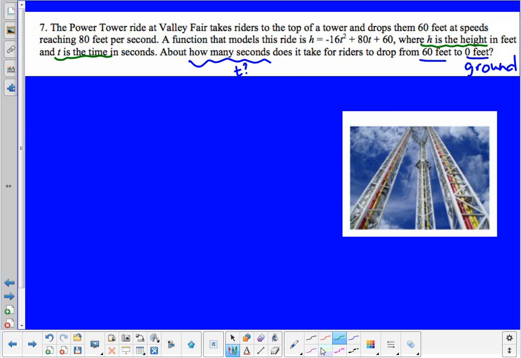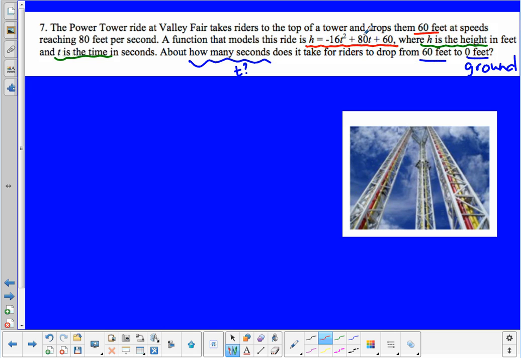And then the other thing is you're given an equation. So you're given the information that went into the equation. That 60 feet went right there as our C value because that's where it starts. The 80 feet per second is in the equation already.